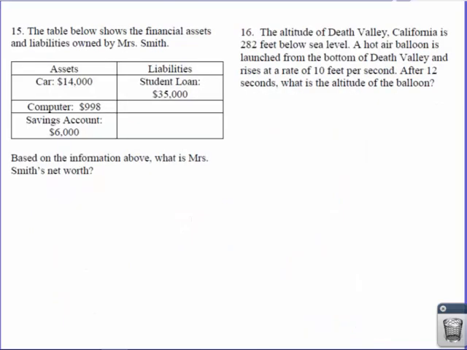Last two, assets and liabilities. The table below shows the financial assets and liabilities owned by Ms. Smith. Based on the information above, what is Ms. Smith's net worth? And we know assets, we add them all together. These are things that we own. Liabilities, things that we owe. So if we add this amount up, we get $14,998 and $6,000.